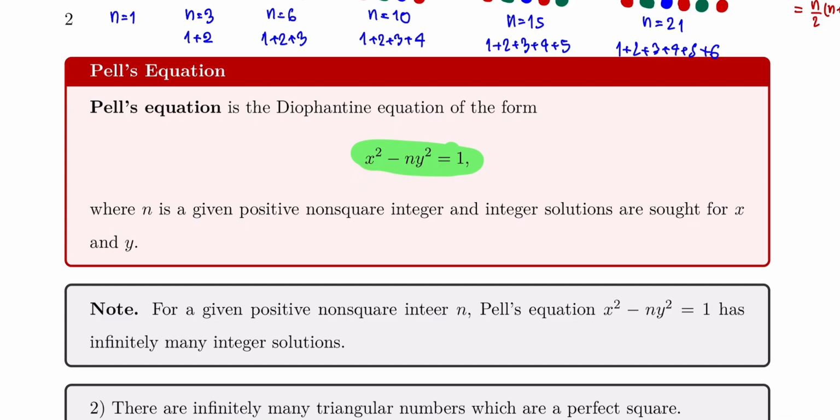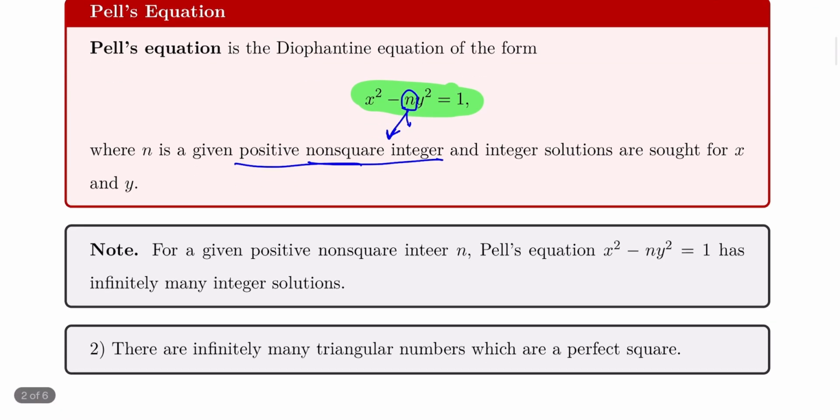What is n? n is a non-negative square integer. And these equations, as long as n is a non-negative square integer, the solutions x and y are integers.